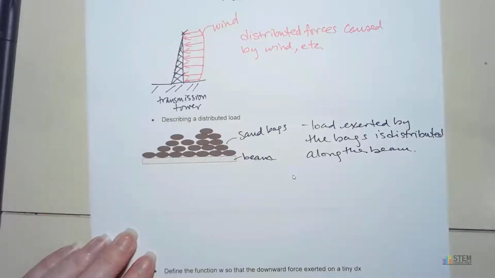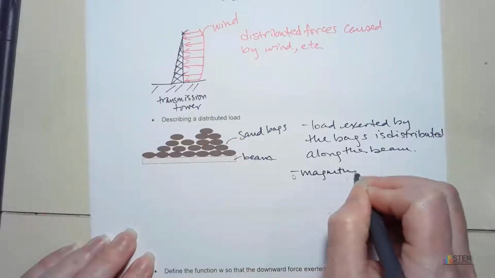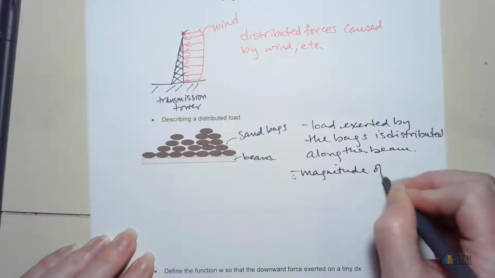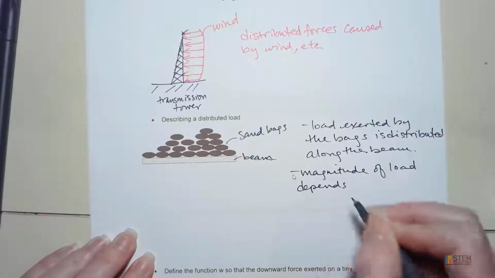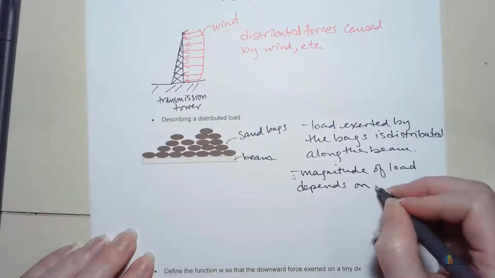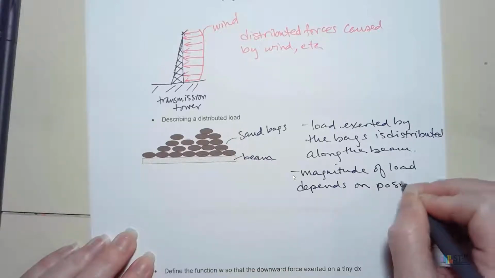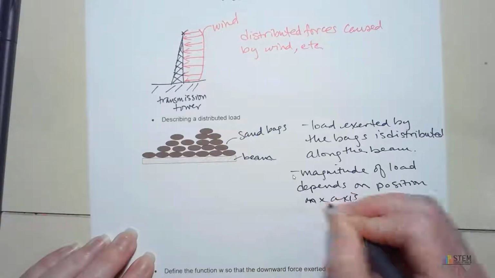Okay, so now we've got that. And the magnitude of the load depends on your X position on the beam. So let's put: depends on position on X axis. And you can see that just by looking at it.